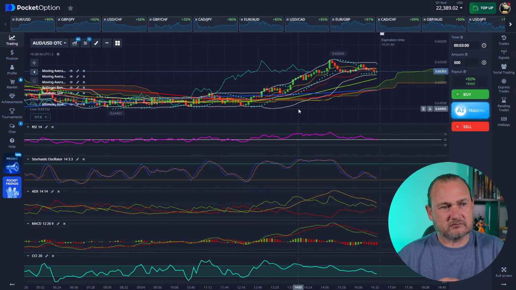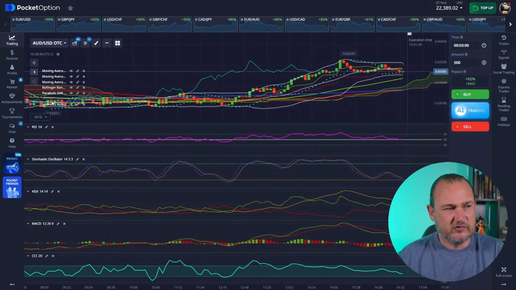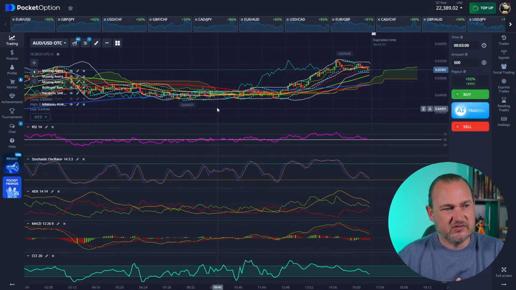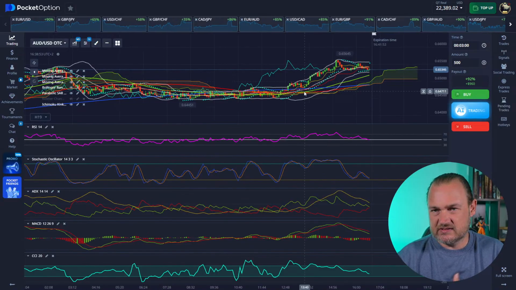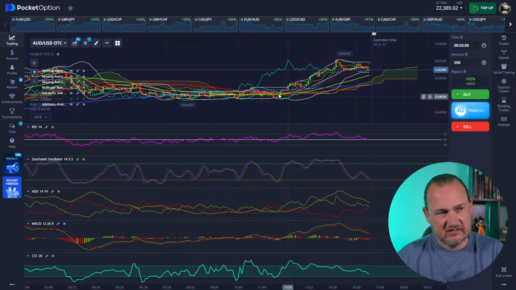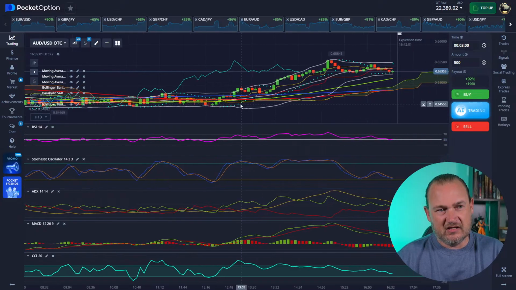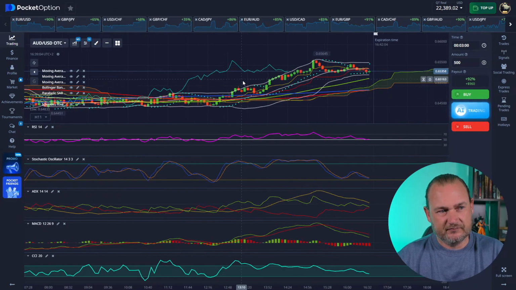So in this area, for example, because I'm using moving averages as dynamic support and resistance, we had price here testing the support, and eventually we cleared it. It pulled back here, so there price started pulling back. When this happened, my RSI was above 50.